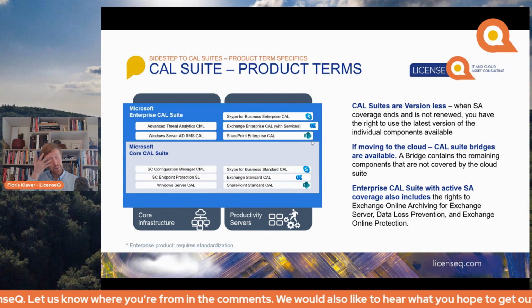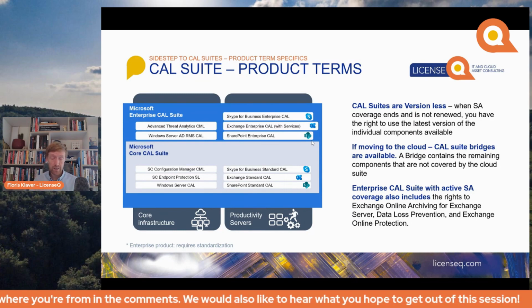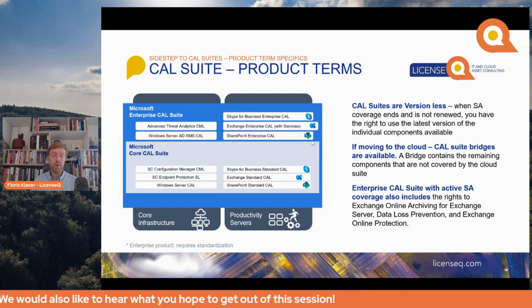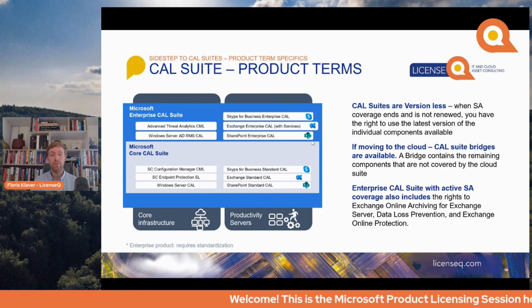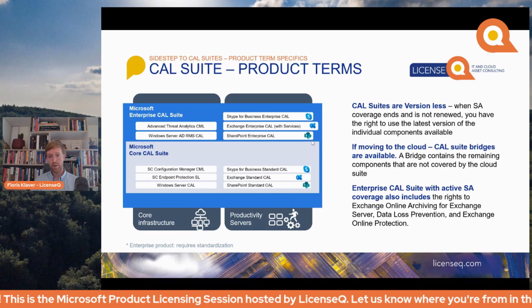Another side step to a cloud licensing session is that there's a Bridge CAL available, and the Bridge CAL is basically an additive license to a cloud solution to allow the rights of a CAL suite, to bring together your cloud license with the core infrastructure license, for instance.